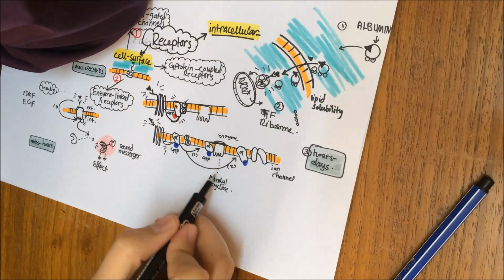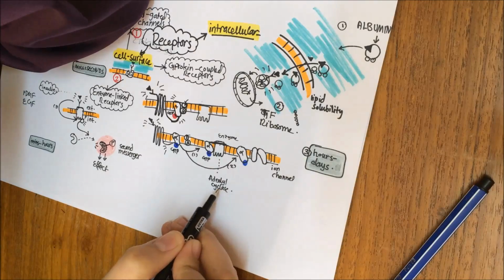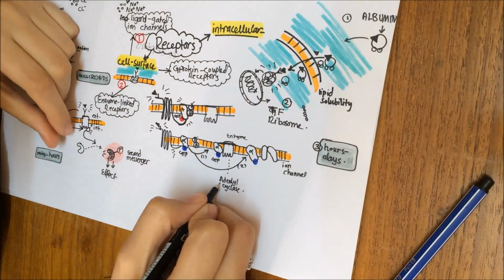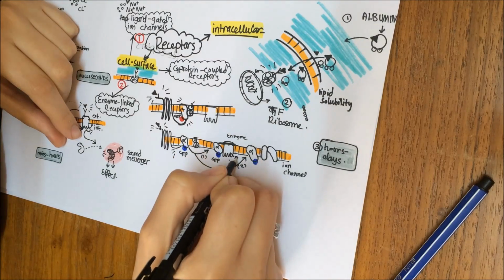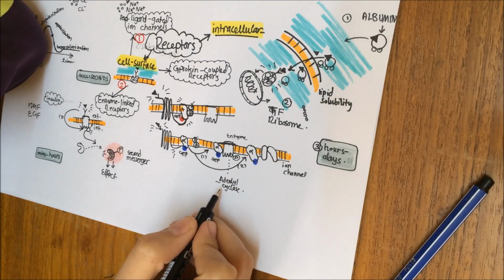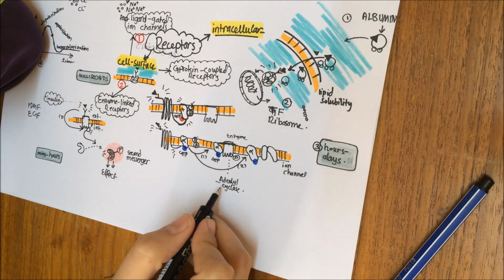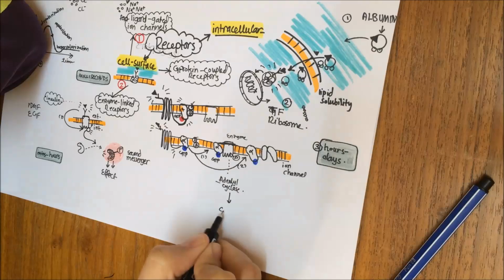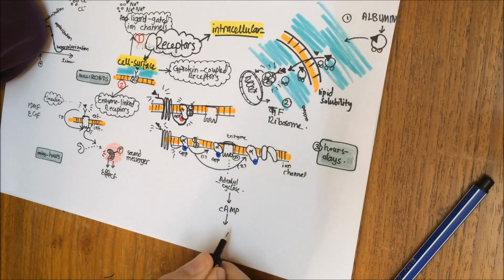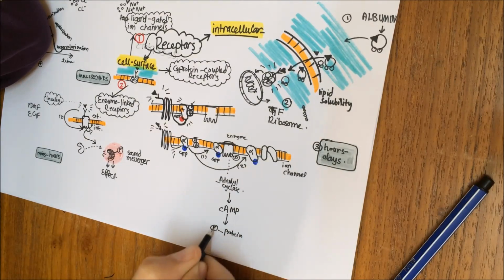Now this adenylyl cyclase, when it is activated, phosphorylated and activated here, will produce the cyclic AMP. And this cyclic AMP has the ability to go to certain proteins and phosphorylate them.